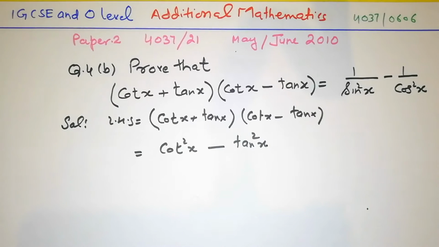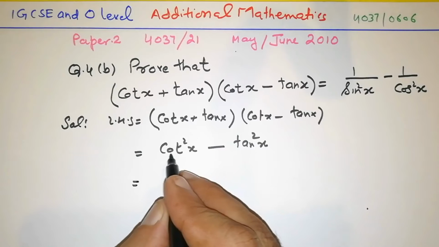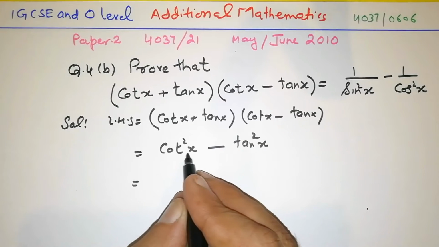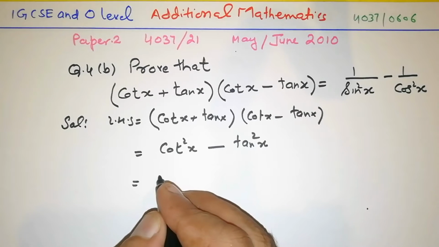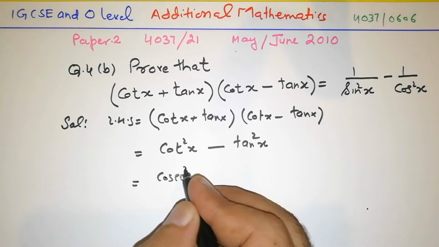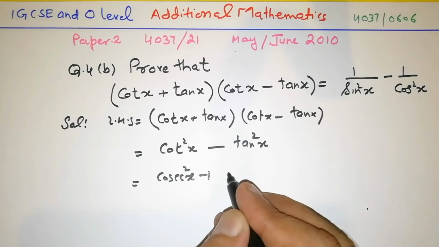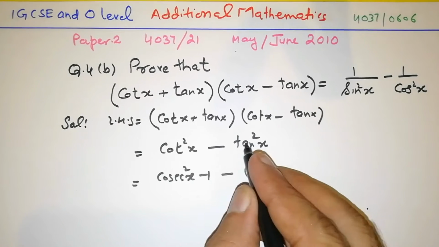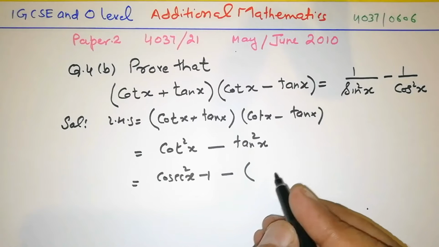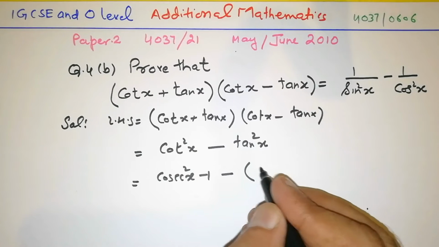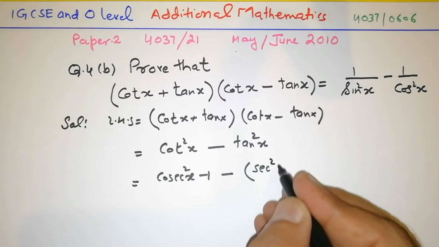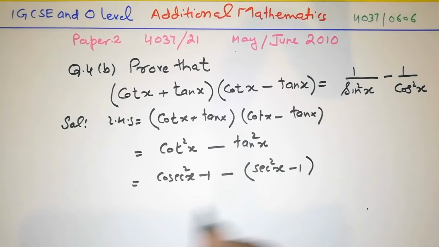Now students, again we write the value of cotangent square x, that is cosecant square x minus 1, minus the tangent square x value from the fundamental identity, that is secant square x minus 1.